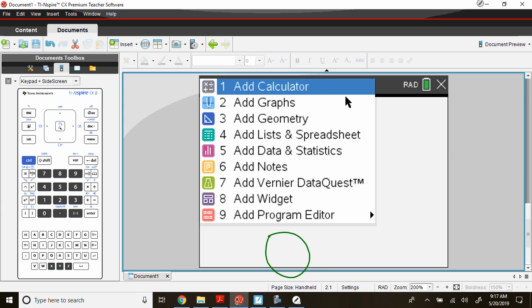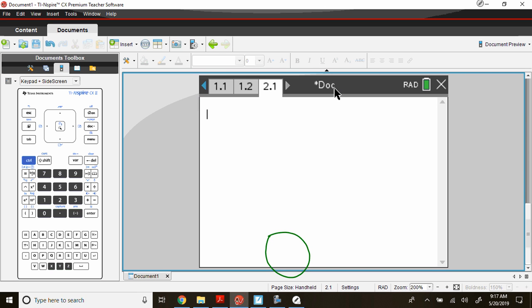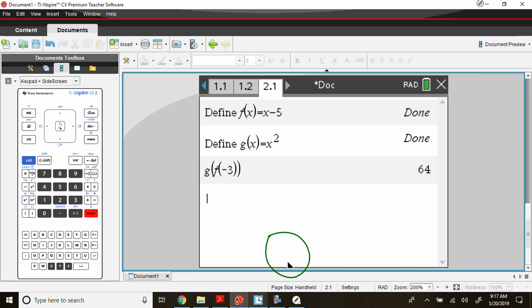On a calculator page, I'm going to define f of x as x minus 5, and g of x as x squared. And what I was asked to find, I believe, was g of f of negative 3, wasn't it? Check that out. Boom, 64, just like that.